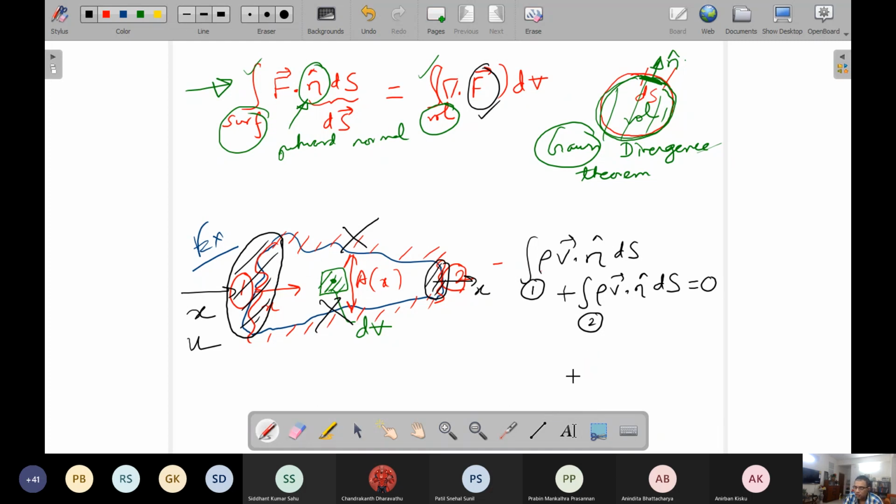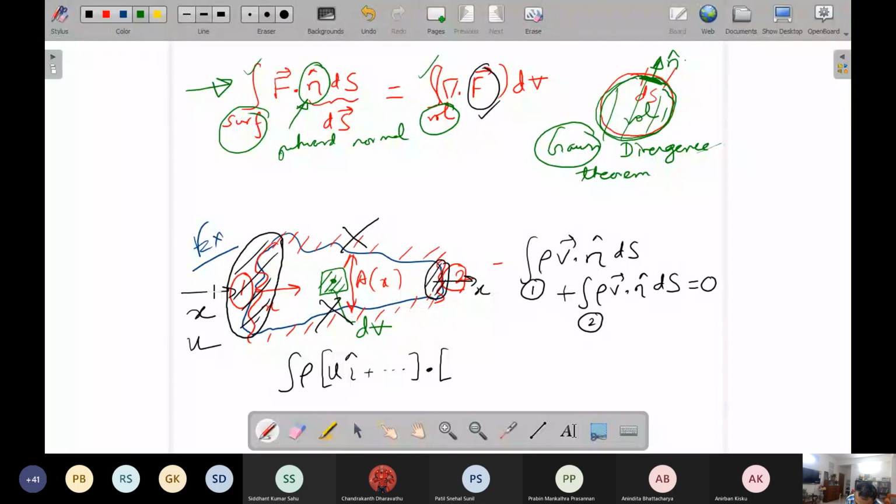Now, therefore, so the first integral, so rho in place of v, it will be x component of velocity. I mean, you can write the other components also if you want, but where the other components will not be important is when you calculate the dot product. The dot product is the outward normal vector. Now look at the surface.